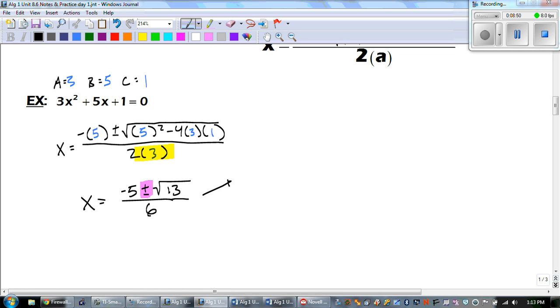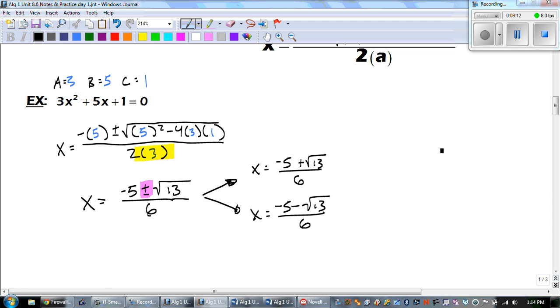Once we get to here, I'm going to break it off. x equals -5 plus the square root of 13 divided by 6, and the bottom one is going to be x equals -5 minus the square root of 13 divided by 6.